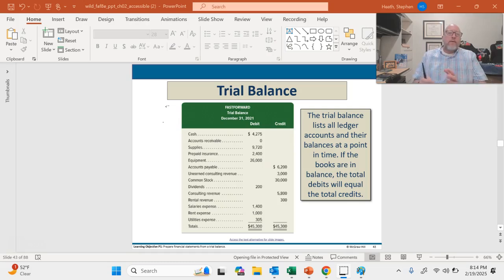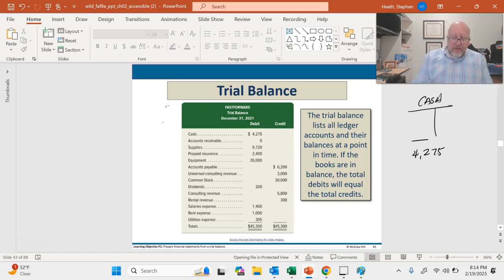If you were to take all that information, put it in T accounts, and add up all the ending balances of the T accounts, we would have a T account for cash with a $4,275 balance. You could see in the trial balance, cash is that first asset that we list, and it's got a $4,275 ending balance. And so we put that in the trial balance.